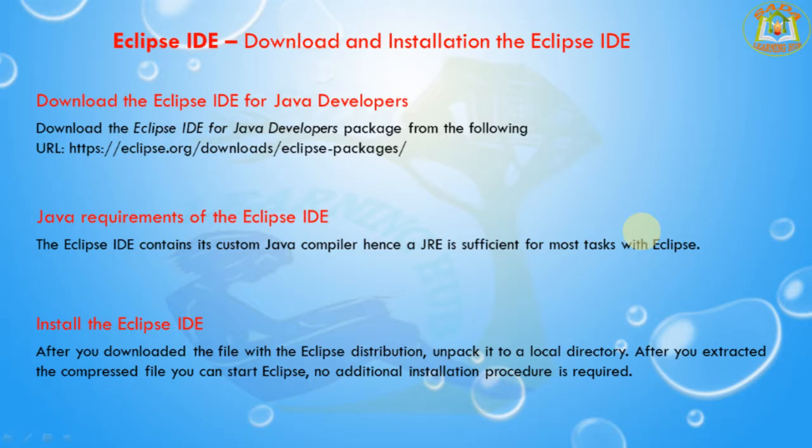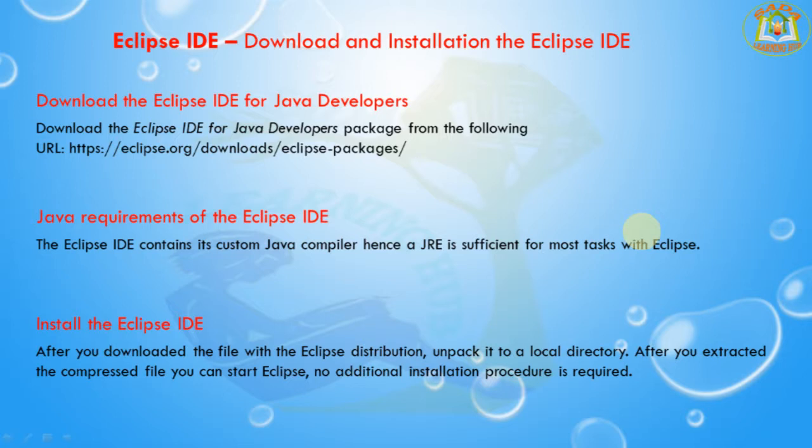The Eclipse IDE contains a custom Java compiler, hence a JRE is sufficient for most tasks. The JDK version of Java is only required if you compile Java source code on the command line and for advanced development scenarios, for example, if you use automatic build or if you develop Java web applications.